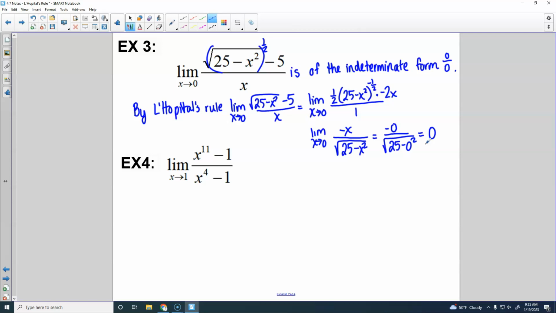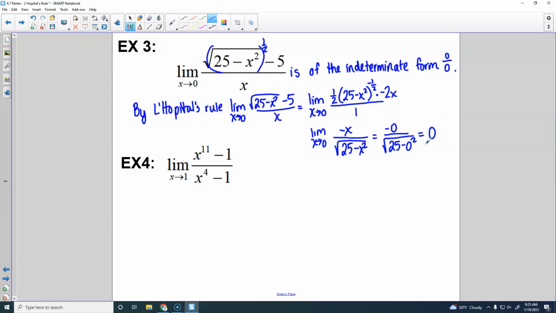Now, let's look at 4. For 4, we do not know how to do it any other way. Unless you know how to factor x to the 11th minus 1, which I do not know how to factor.